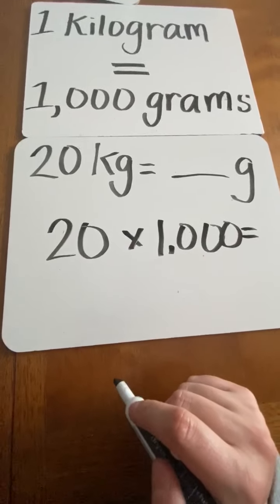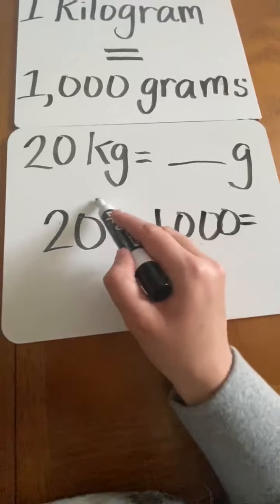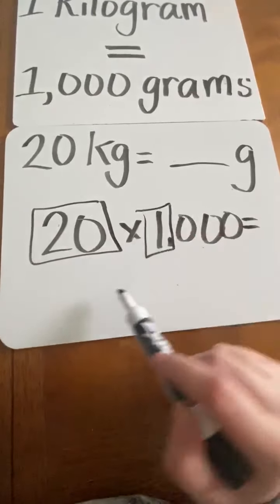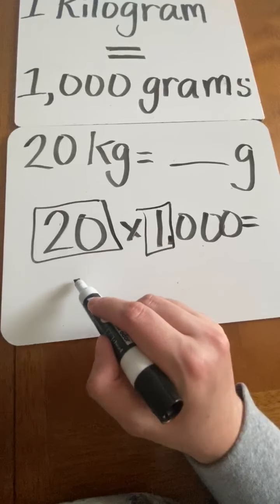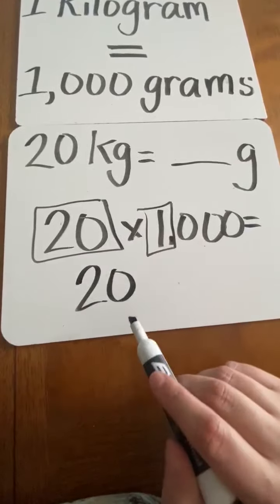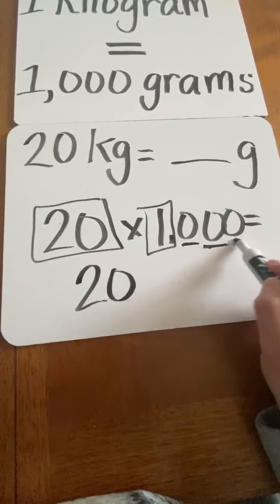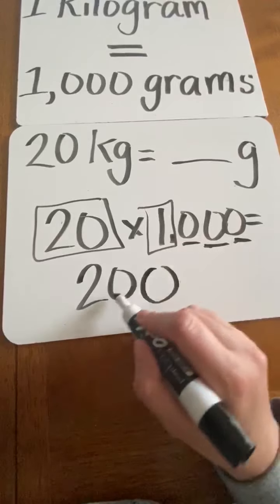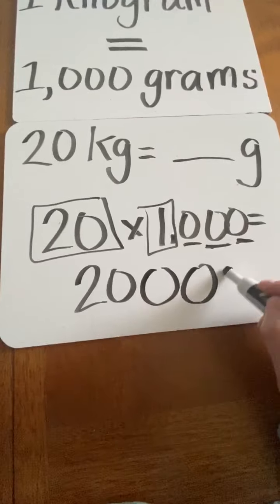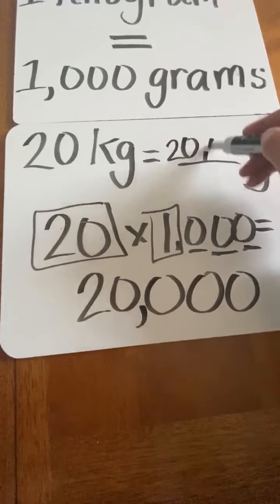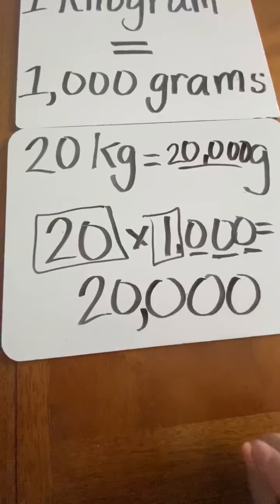Now I'm going to figure out how many there are in 20 kilograms. So I'm going to take my 20 and my 1. 20 times 1 is 20, right? Because anything times 1 is itself. And then I have my 1, 2, 3 zeros I need to add on. So I'm going to make sure I'm adding 3. That doesn't include the one that was already there. My answer would be 20,000. All right.